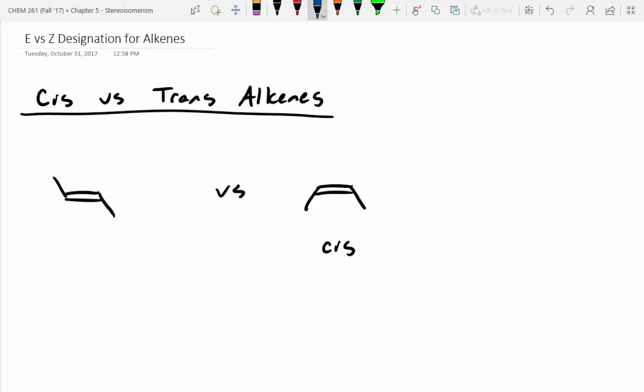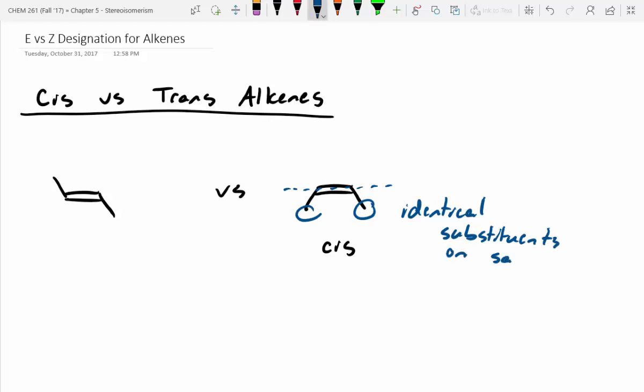And the way I remember this is if you cut this in half, it's got identical substituents on the same side. However, over here, we've got them on opposite sides of that double bond, right? So this must be our trans isomer. What's the relationship between these two molecules?